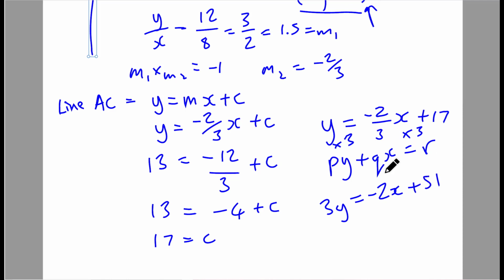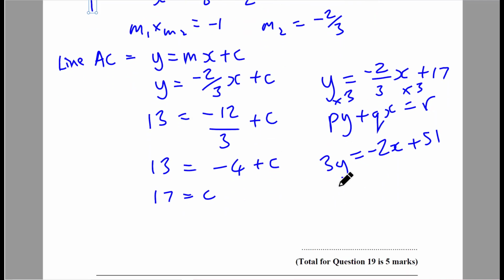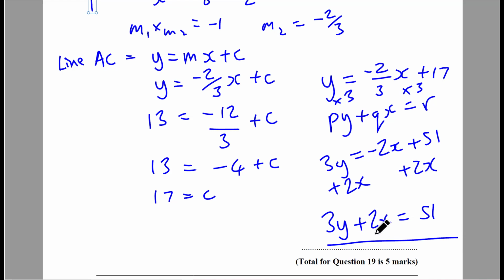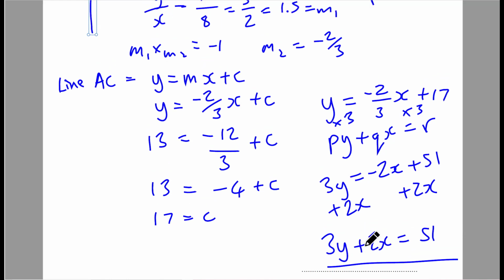Let's rearrange that by adding 2x on both sides. So you can get 3y plus 2x equals 51, and that's going to be worth a mark there because they've asked for it. If you forgot to do that, you will lose a mark, I'm pretty sure.